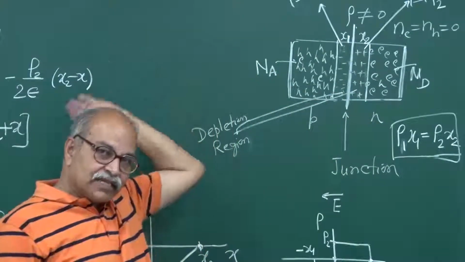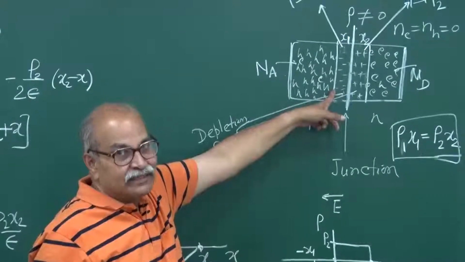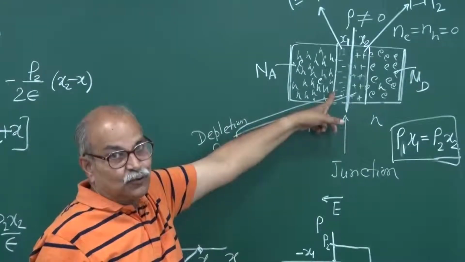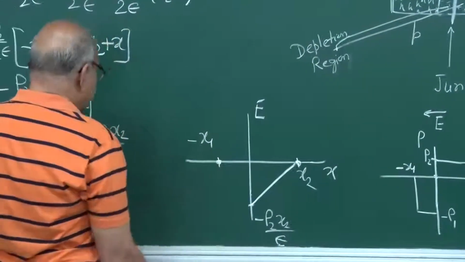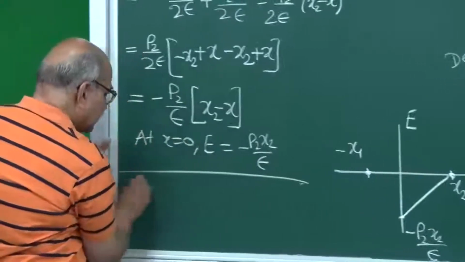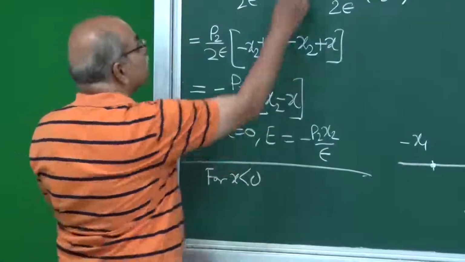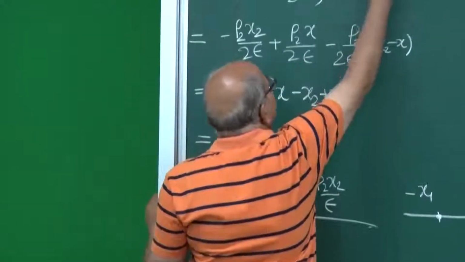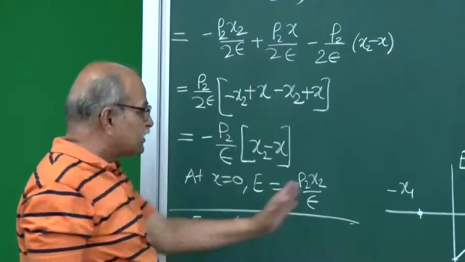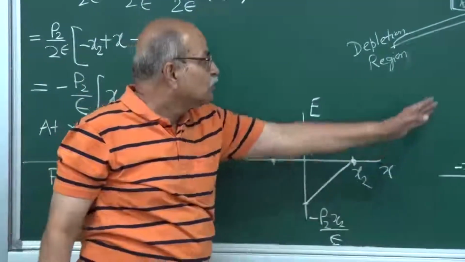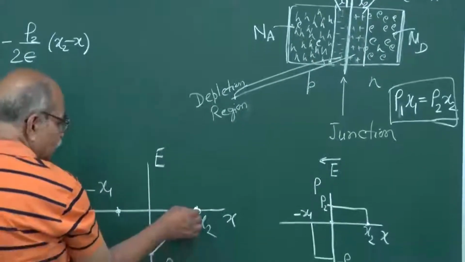Do exactly the similar analysis and you will get the electric field at x equal to minus x1 as 0. So this is for x less than 0. This was for x greater than 0 in the depletion region, remember. After the depletion region, after x2, there is no electric field, and it just goes like this.